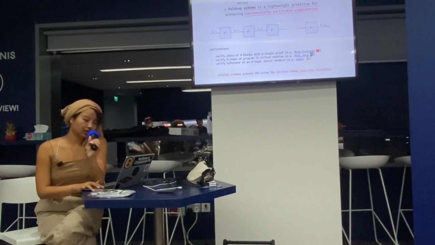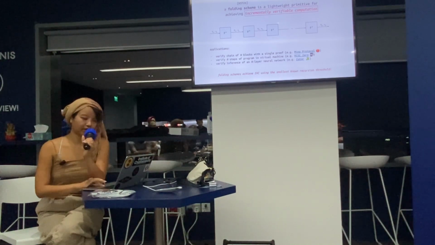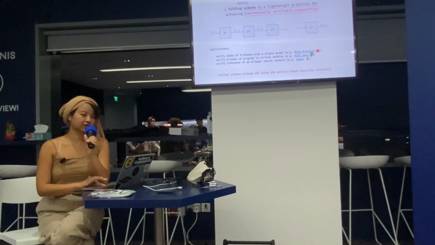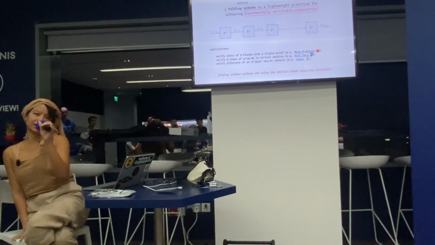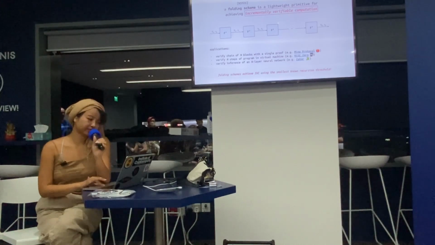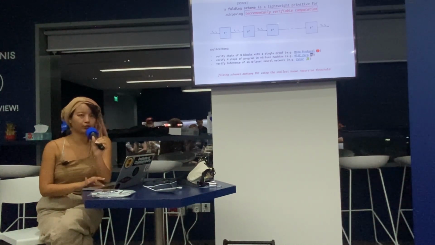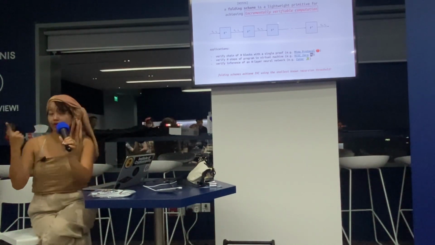So the thing about this IVC is that basically each recursive step is a prover and also a verifier, in the sense that each step attests to the validity of the previous step. So it's kind of like a verifier.